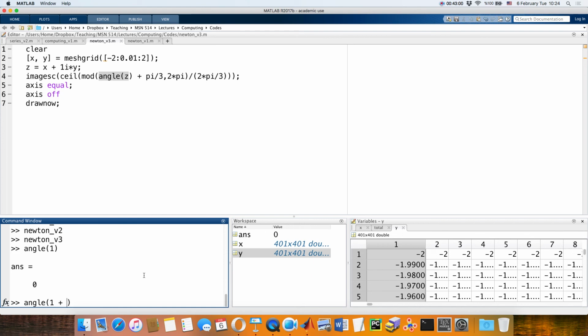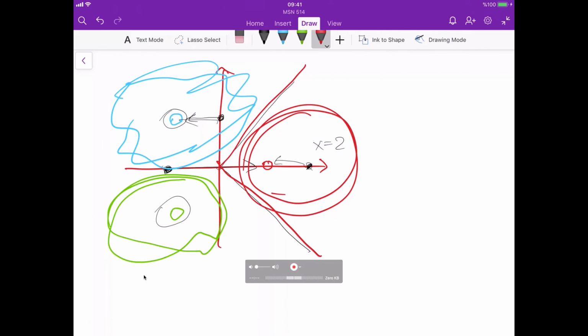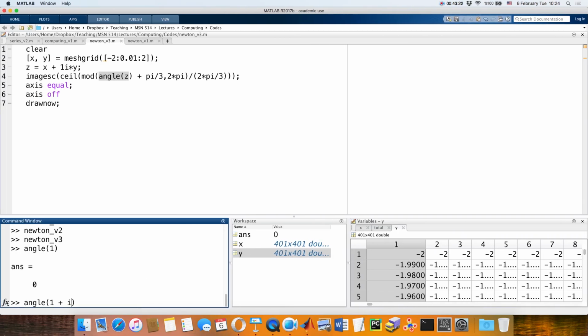What if it is 1 plus i? Yes, 45 degrees. 1 plus i is something that is over here, right? So this angle gives you 45 degrees, right? Of course, this is given in radians, so we need to turn it into degrees. Yes, 45 degrees, right?